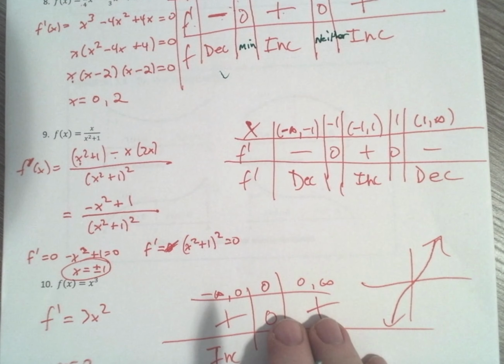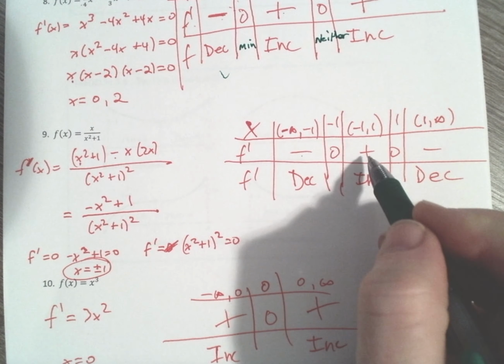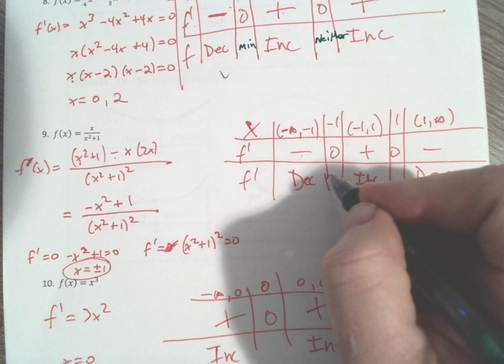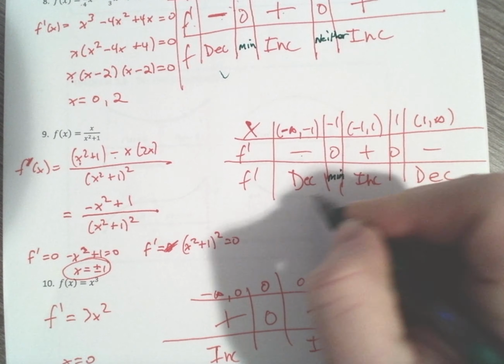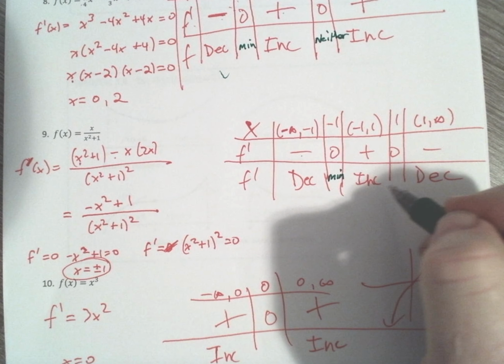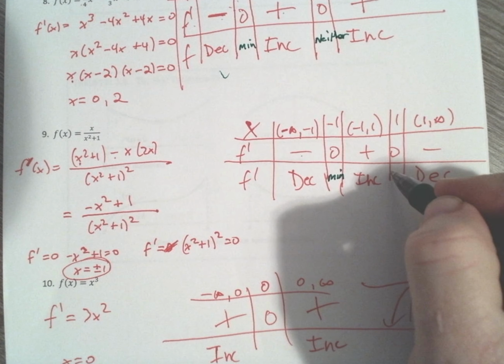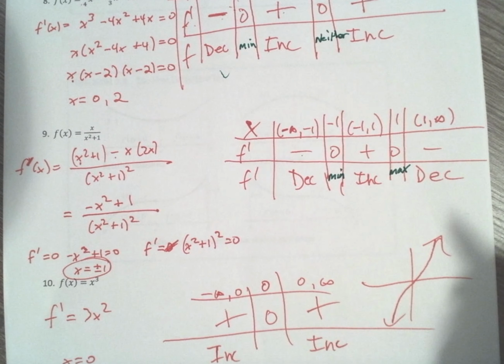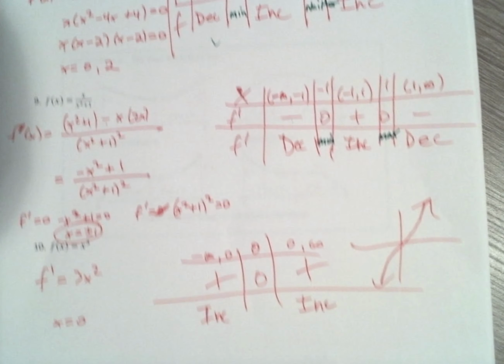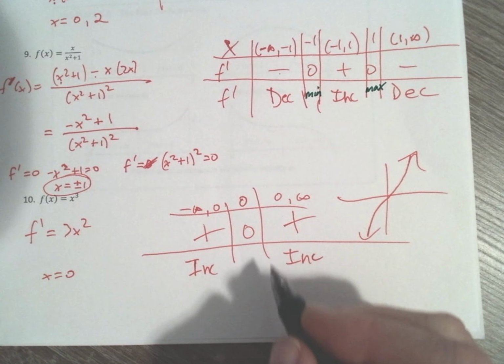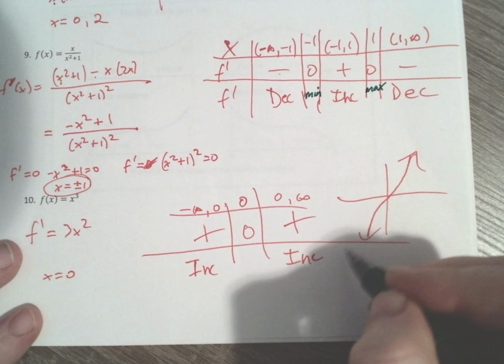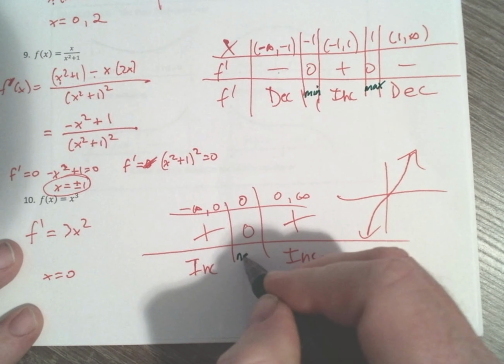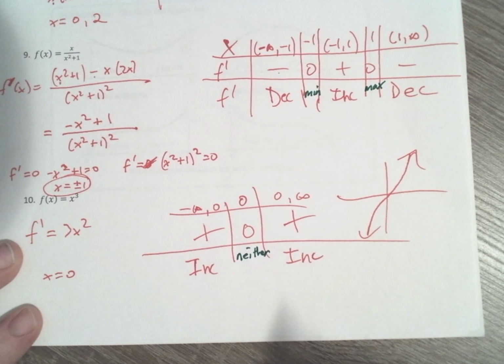On number 9, we're going from negative to positive. So that's going to be a relative min, or decrease to increase. And then we're going to go from increase to decrease, so this is going to be a relative max. And then obviously on the last one here, the x cubed one, we're going from increase to increase, so this is going to be neither a min or a max.